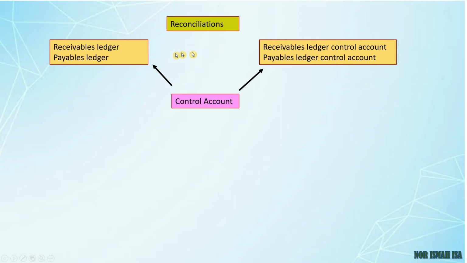At the end of the month, we should total each balance of these receivable or payable ledgers, and we have the total balance. This balance we should compare with the control account in the nominal ledger, either the receivable ledger control account or the payable ledger control account.